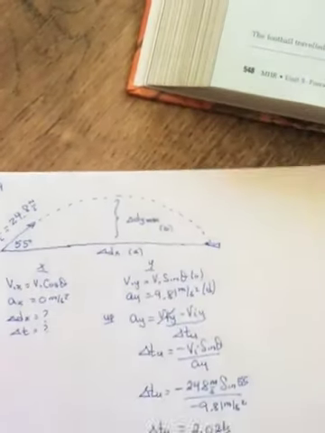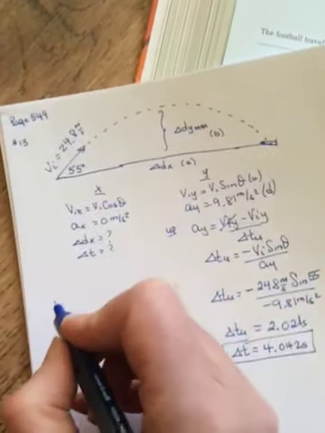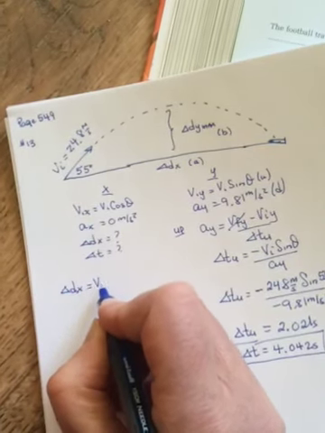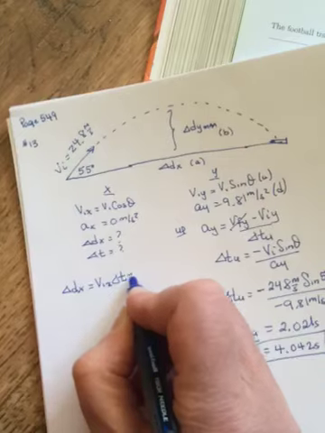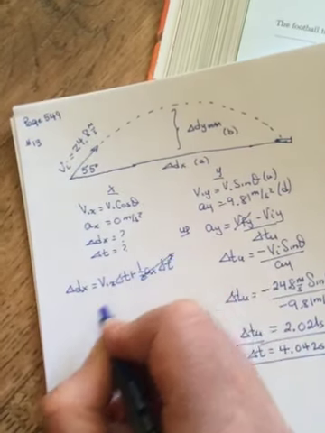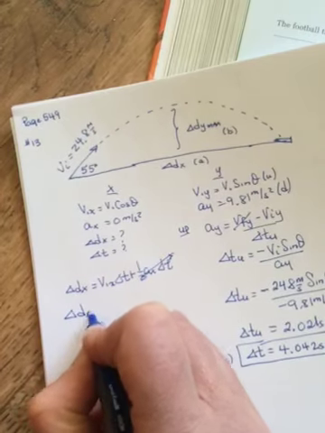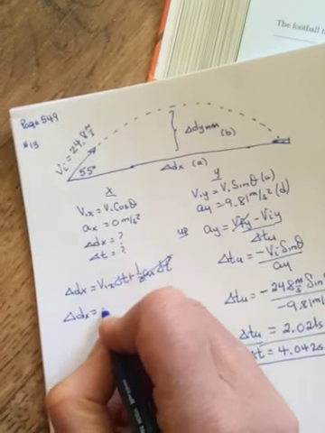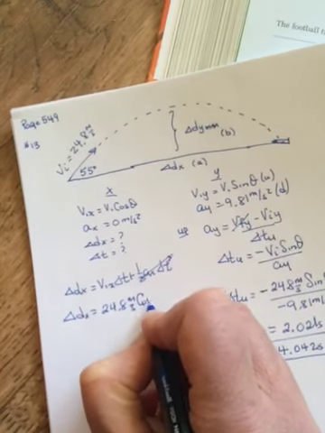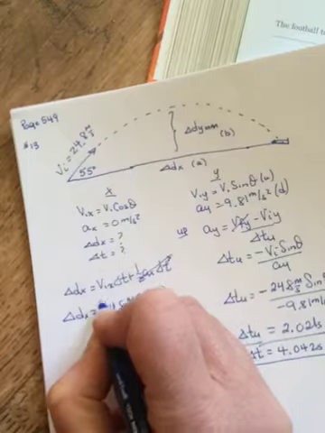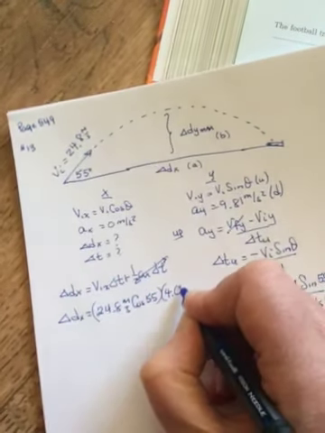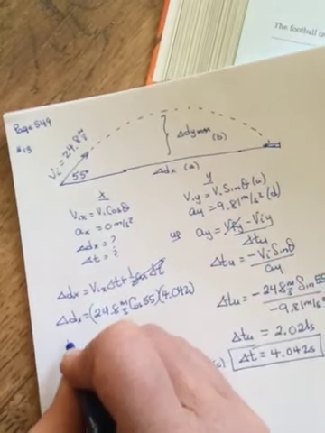Okay, part A wanted to know where should the safety net be placed. So it's looking for delta dx, and that's VIX delta t plus 1/2 AX delta t squared. This goes to 0. So delta dx is equal to VI cos theta, so 24.8 meters per second, cos of 55, times the time you just found, 4.042 seconds.